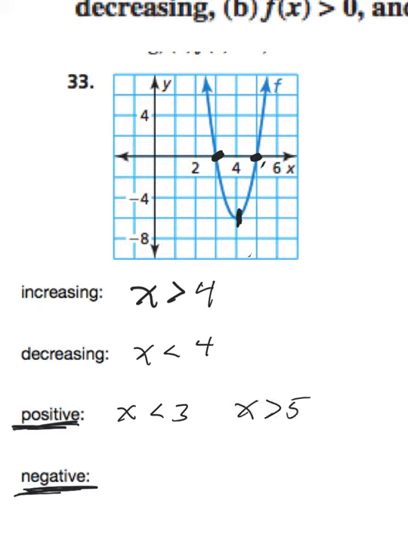Where is it negative? Under the x-axis, between the 3 and the 5. How do we write between 3 and 5? 3 is less than x, x less than 5.